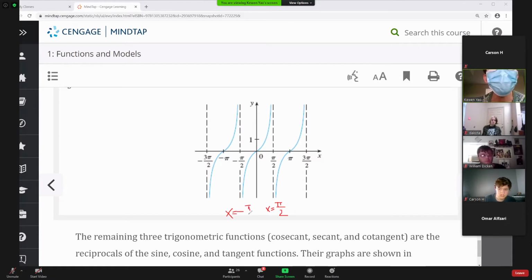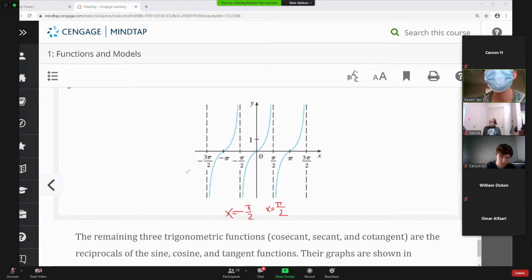All these values cannot be attained: x cannot be equal to pi half, negative pi half, 3 pi half, or negative 3 pi half. So all these values are forbidden, and therefore we use dotted lines. This means these are vertical asymptotes.